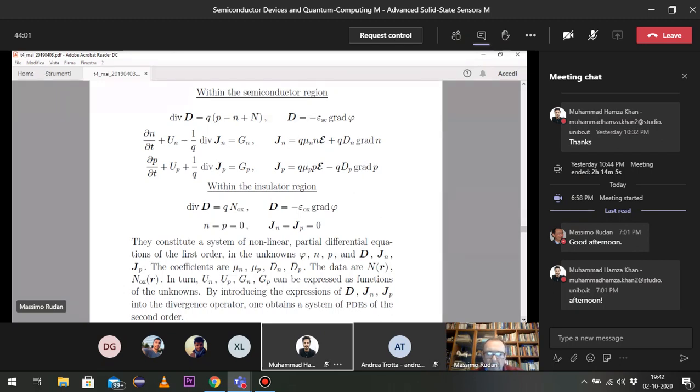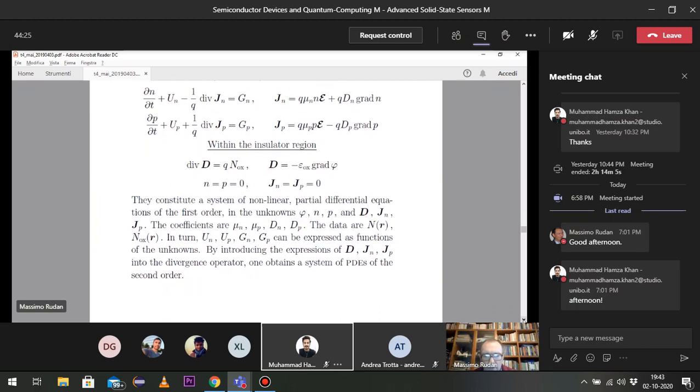So we can reduce the system of 6 first-order equations into another system made of 3 second-order equations, in which we have to deal only with the scalar unknowns phi, n, and p. And this is what is usually done for the numerical solution of the equation.